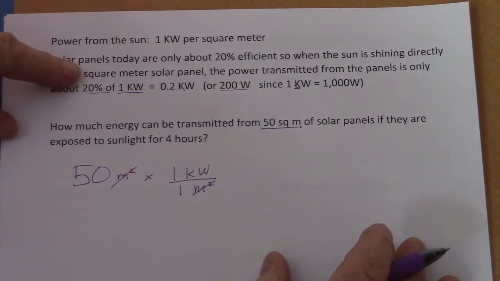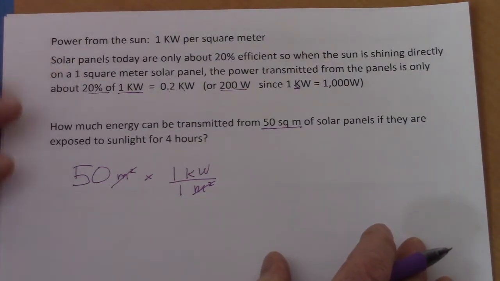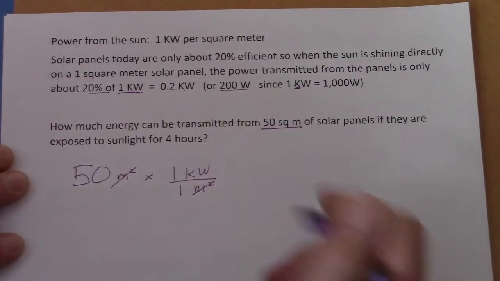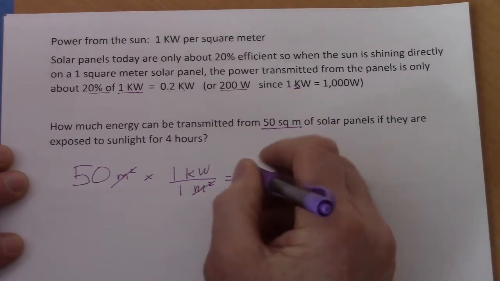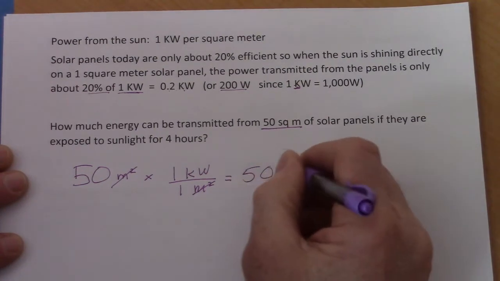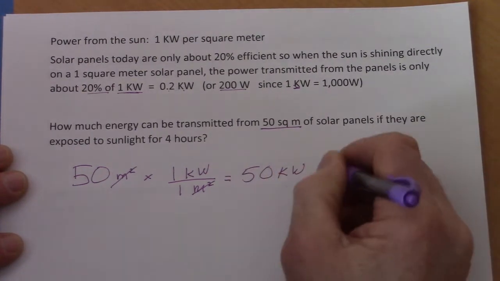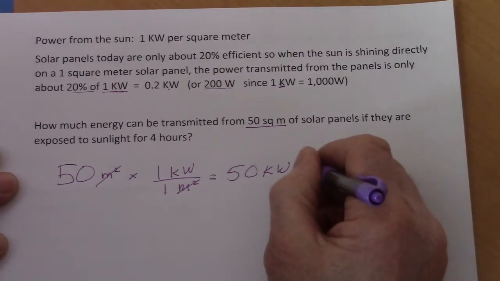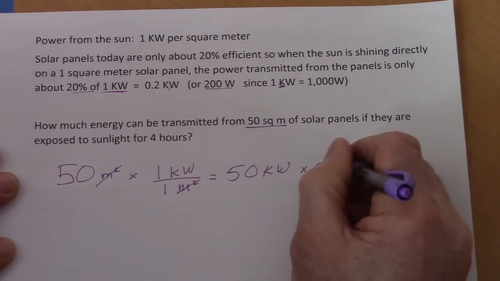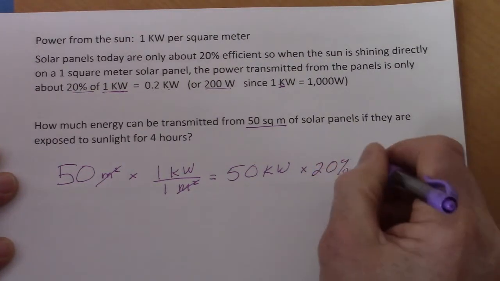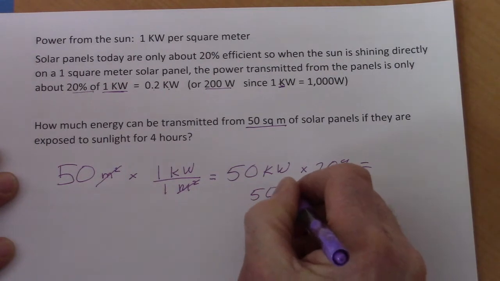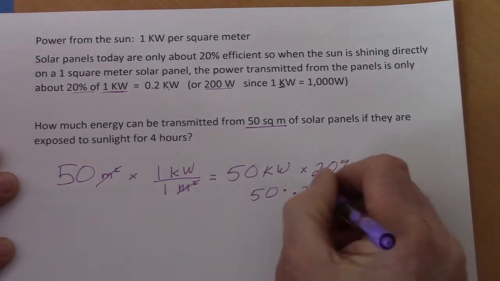However, the solar panel doesn't actually take all of that energy and directly convert that light energy to electrical energy. It only is 20% efficient. So while this would give us 50 kilowatts, once it is leaving the panel, it only can generate 20% of that. So 20% times 50, of course that 20% is 0.2, so that's equal to 10.